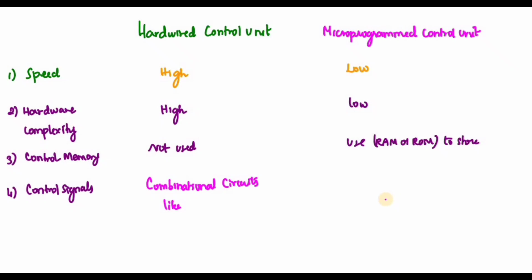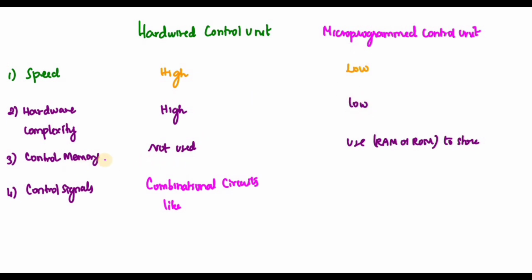In this video, we are going to discuss the difference between the hardware control unit and the microprogram control unit. If we see the speed, the hardware control unit is high speed compared to low. In hardware complexity, it is higher, and for the microprogram control unit it is very low.